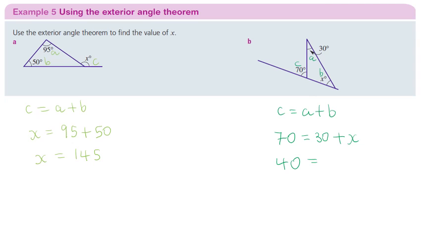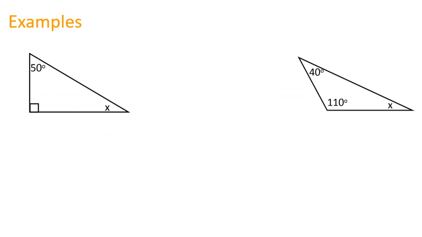We could just think 30 plus what equals 70. So X equals 40.